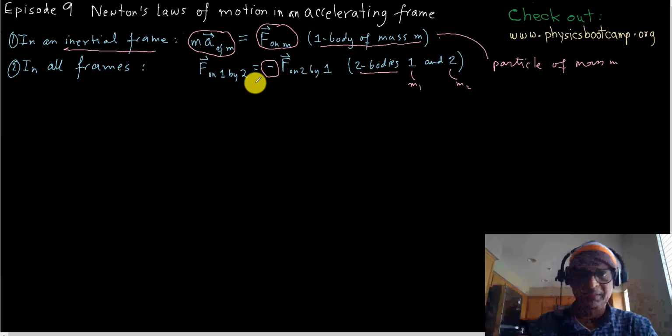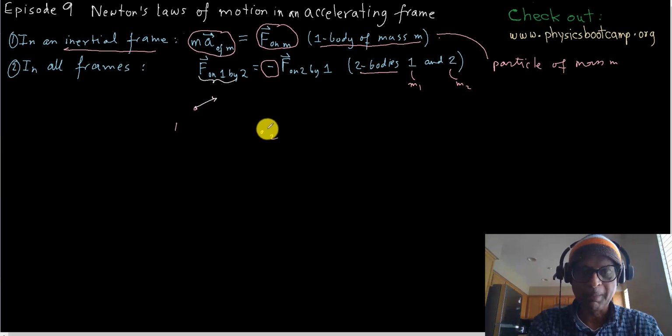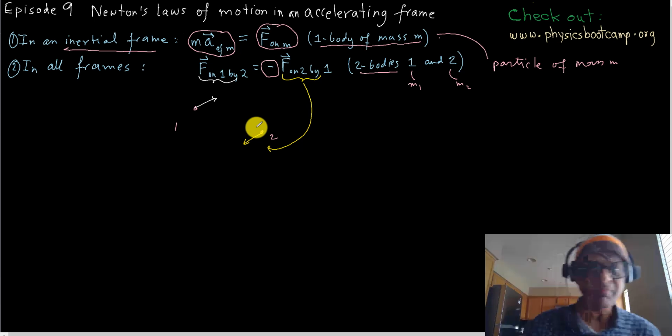These forces don't have to be along the line connecting them. If the force on 1 can be that way, then the force on 2 has to be exactly the same length, exactly opposite in direction but same magnitude. This is the third law of motion.